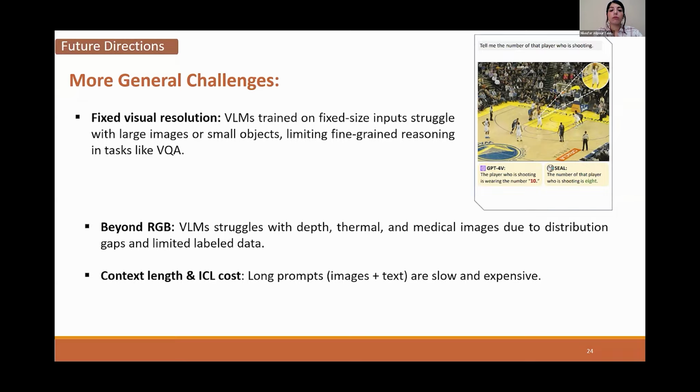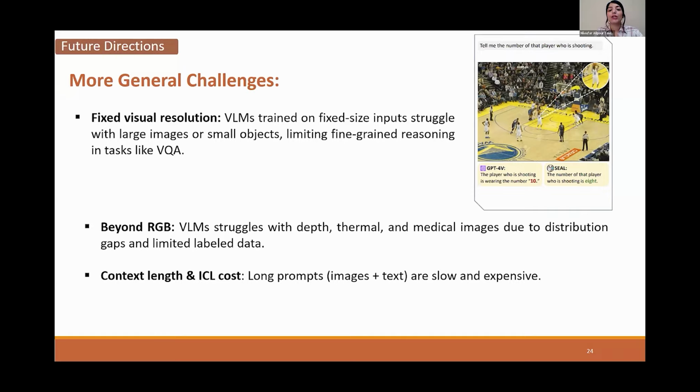And also about beyond RGB, because we talked about different applications like medical, it struggles with depth, thermal, and medical images due to the distribution gaps and limited labeled data.